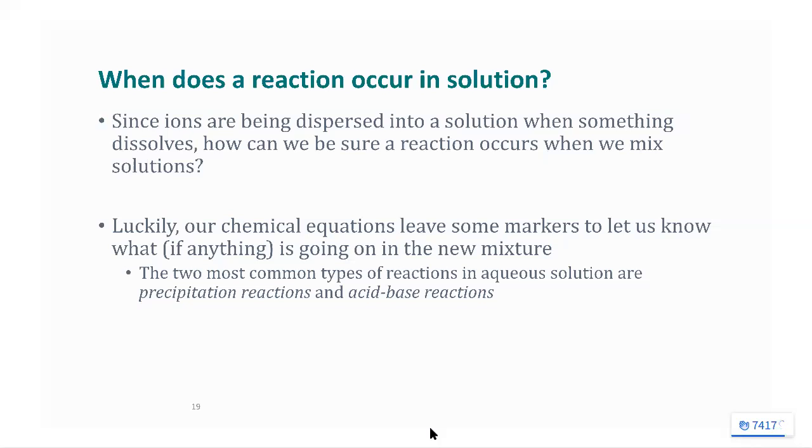And so what we have to look into there are a couple of kinds of reactions that we do know, and there is a technique that we can use to help us to frame whether or not something is a reaction or if something is a solution. Because if I mix solution 1 and solution 2 and nothing happens, then there was no reaction. We just made a more complicated solution.